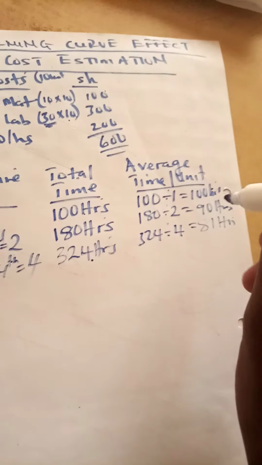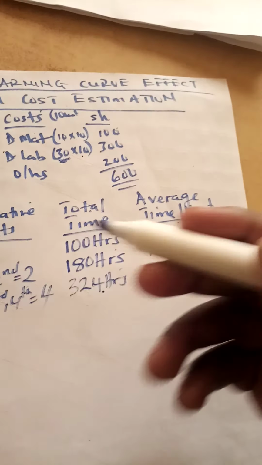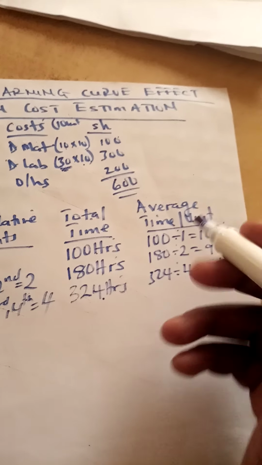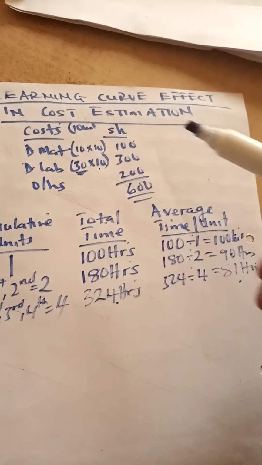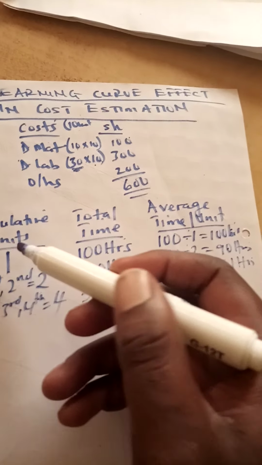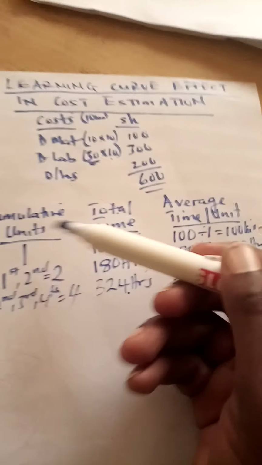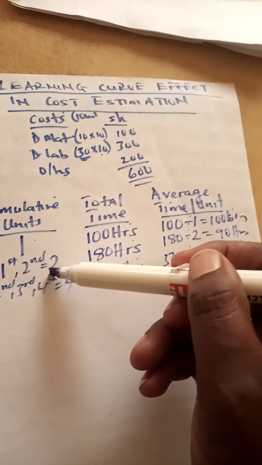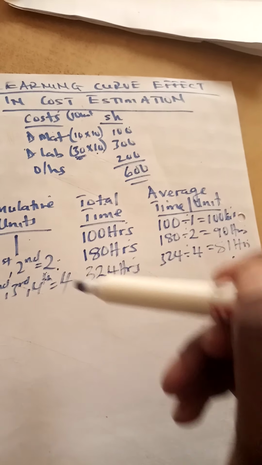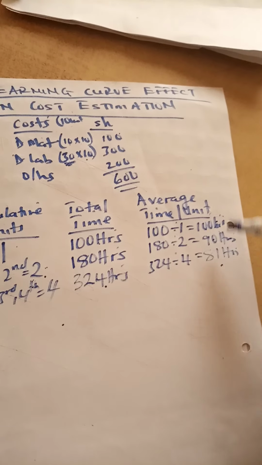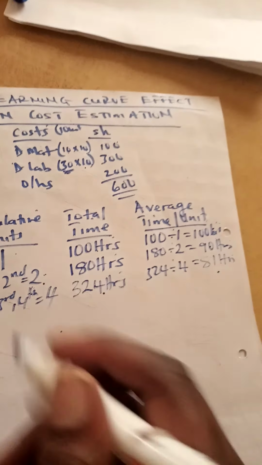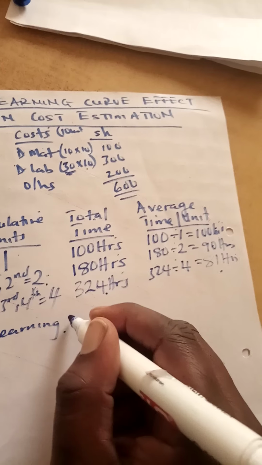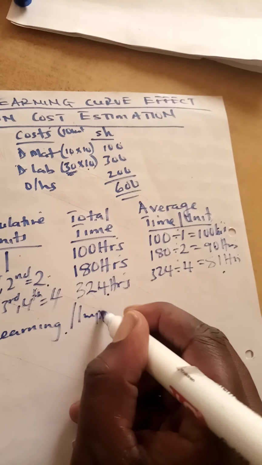So this reduction in time per unit as they make more and more is what we are calling the learning curve effect. The learning curve effect concept states that every time laborers double the previous units, like now they were making 1, by the time they have doubled to make 2, by the time they have doubled to make 4, the average time per unit will reduce by a constant rate, which is what we are calling the learning or improvement rate.